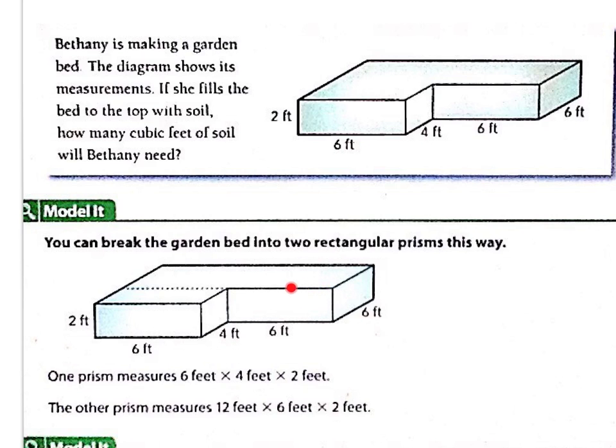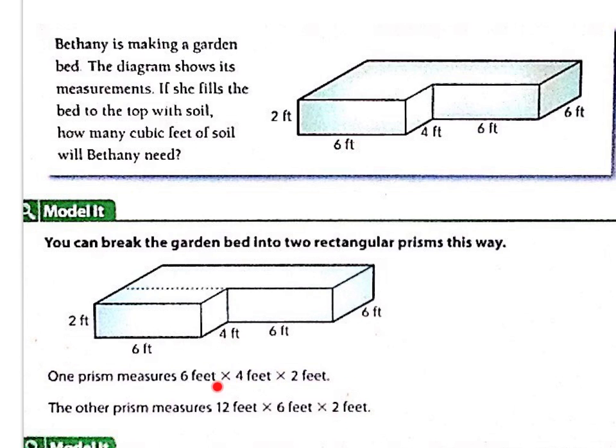So the length of this rectangular prism is 12 feet, okay? The width is still going to be 6 feet. And the height right here, that's 2 feet, it's the same. So this second rectangular prism would measure 12 by 6 by 2.